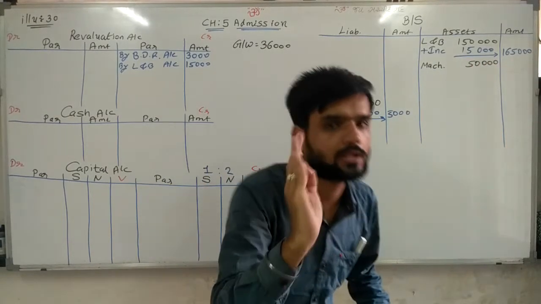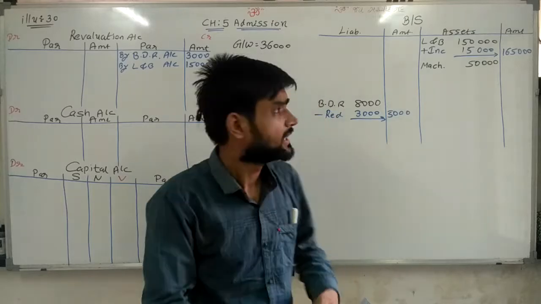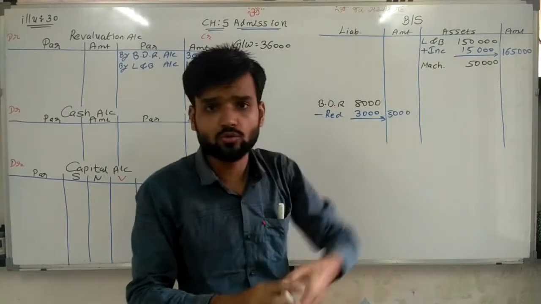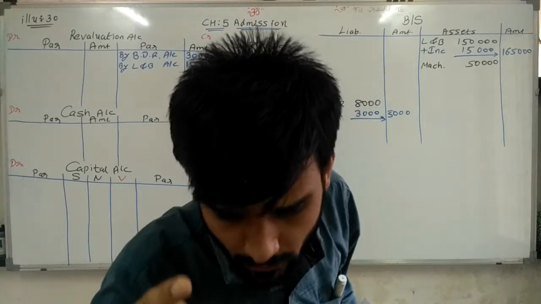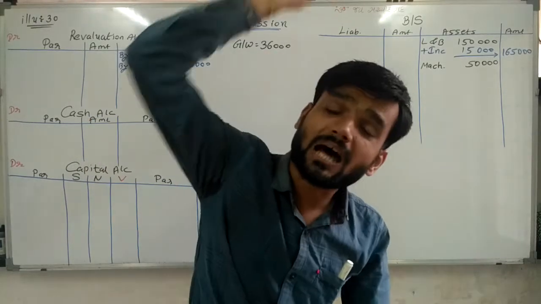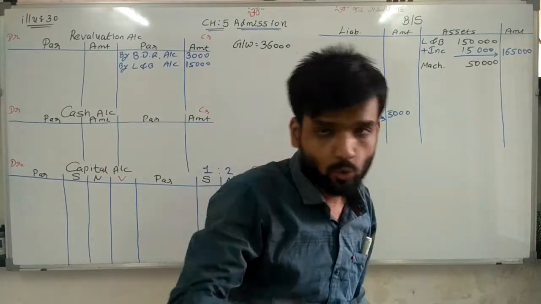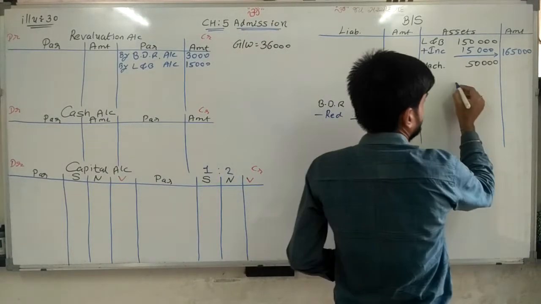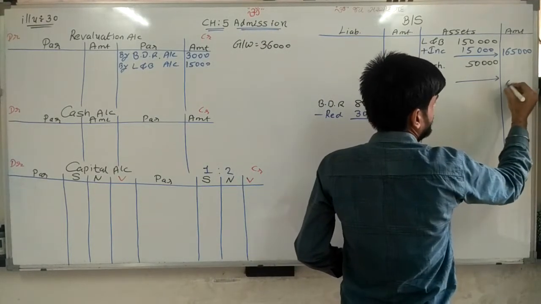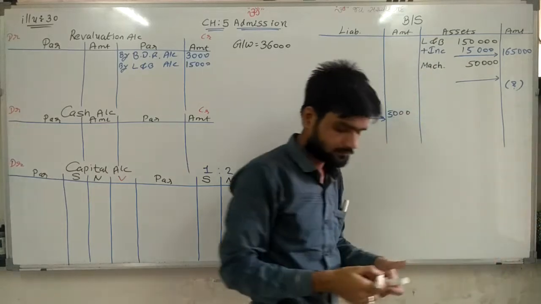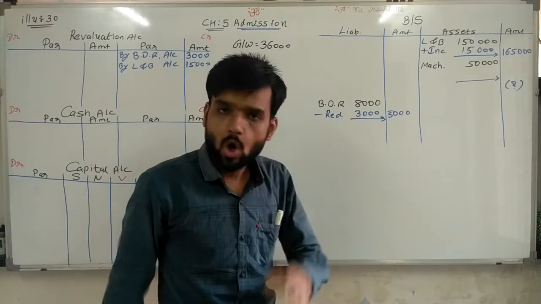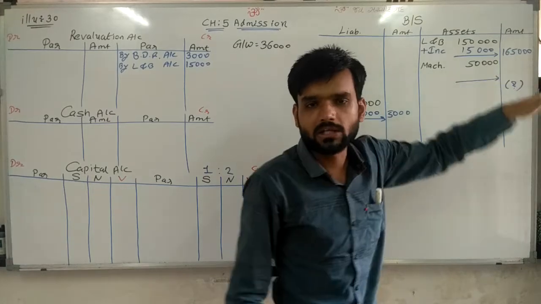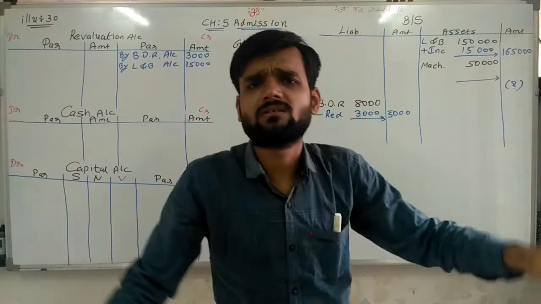Now try to understand one thing. This is the book value, and this book value is 25% more than the market value. Whatever the market value is, we always write it in the outer column. But here the market value is not given.